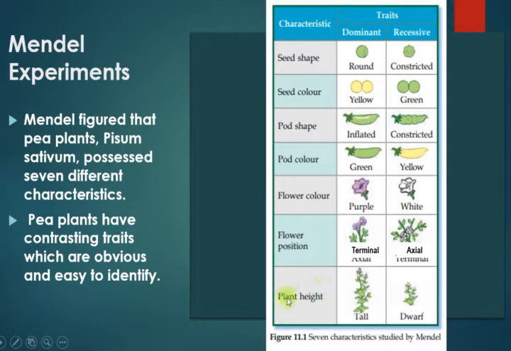There are two different traits, which are tall and dwarf. So these are the different traits shown by the pea plant, which are obvious and easy to identify. That's why Mendel chose the pea plant.